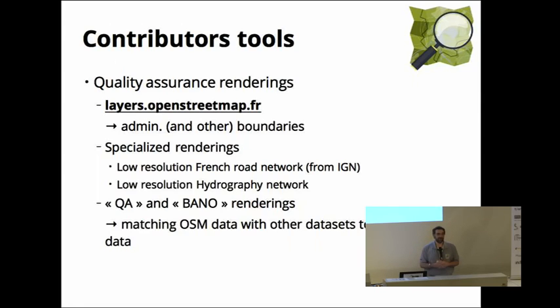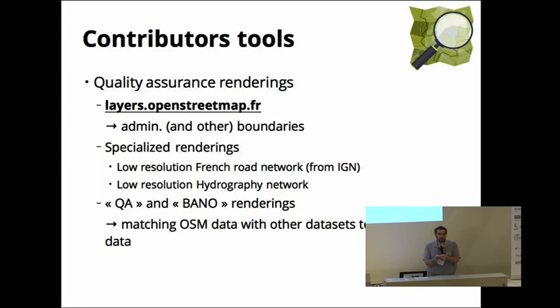One, I called it QA, like quality assurance, is the one that is displayed on the large poster in the lobby. The goal of that rendering is to do a cross analysis between population data we have in France, spread on 200 meter squares all over France, so it's something like 7 million squares.